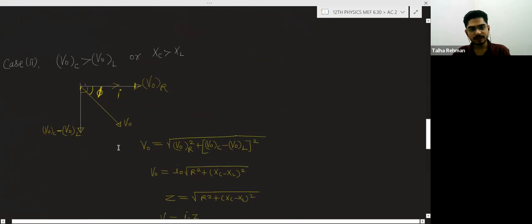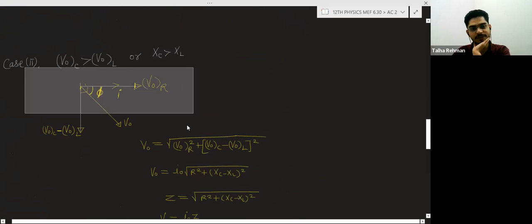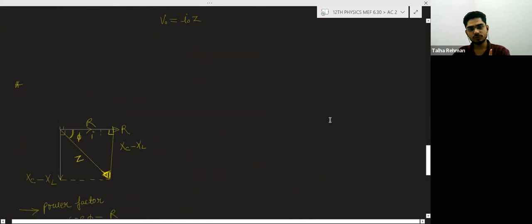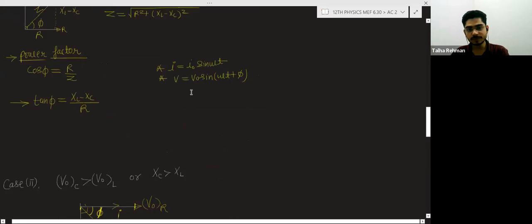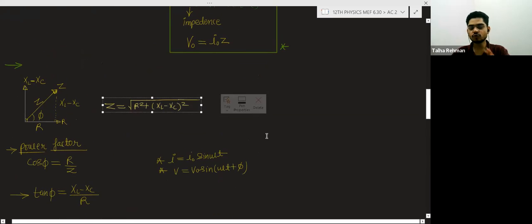And for XC greater than XL, the phasor diagram will be like this. Remember, the peak value of the voltage is given by I naught into Z. And what is the formula of Z? Remember the formula. There are so many things I know, but when you revise, it will be fine.